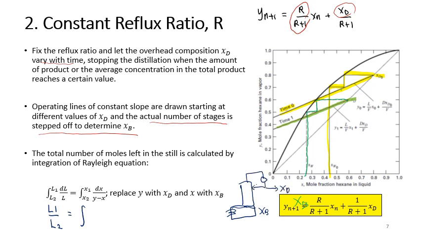So now your y becomes xD, and your x becomes xB, because x previously was the composition of the still, and now the composition of the still is xB, and then with respect to xB, the limits would be xB2 and xB1. So this would be the Rayleigh equation that you will use for batch distillation with reflux.